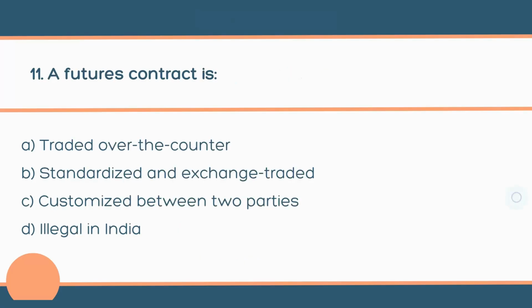A futures contract is... futures are regulated and traded on exchange with fixed terms and conditions. So the answer is B. A futures contract is standardized and exchange traded.